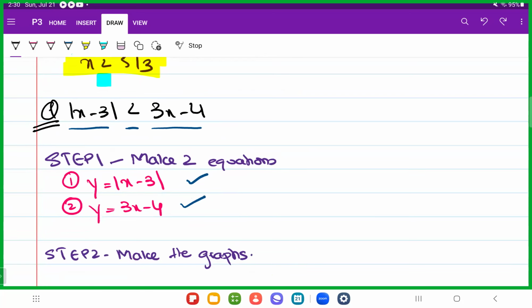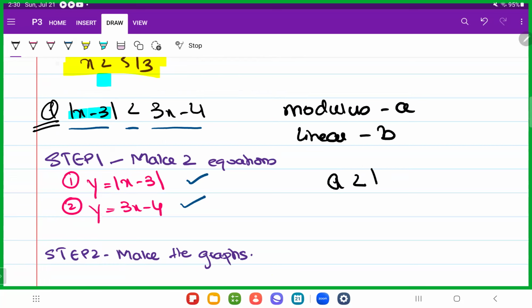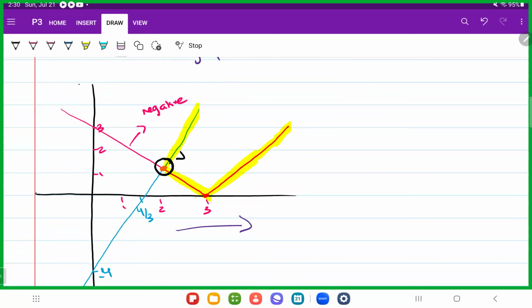So this is my modulus. Let's say the modulus is A, and my linear equation is B. I need the region where A is less than B, or B is greater than A, right? Let me just erase this part.